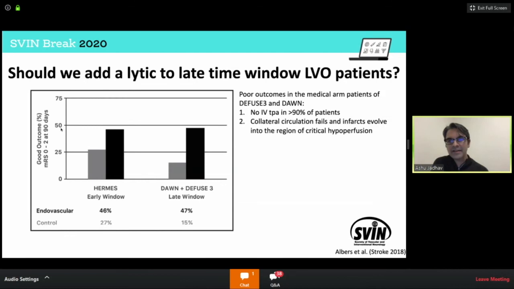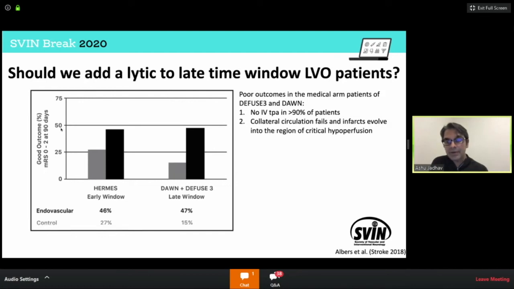And I think this is kind of debatable because on one hand, you can argue, well, these are slow progressors. By definition, they're late time window patients. In a fast progressor population, getting a lytic on board quickly, whether it's a mobile stroke unit or at the spoke hospital, those are patients where the core is growing very fast and you want to get lytic on board as quickly as possible.